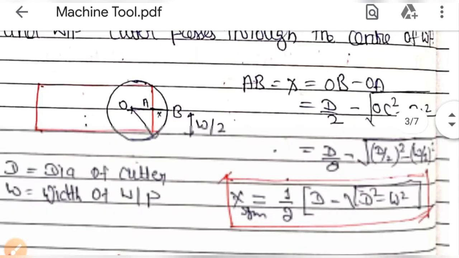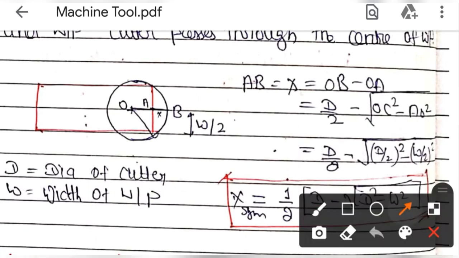So from the geometry, what is AB here? AB is equal to X, which we can write as OB minus OA. This distance, OB minus OA, will give us X. Now OB is the radius of the cutter.